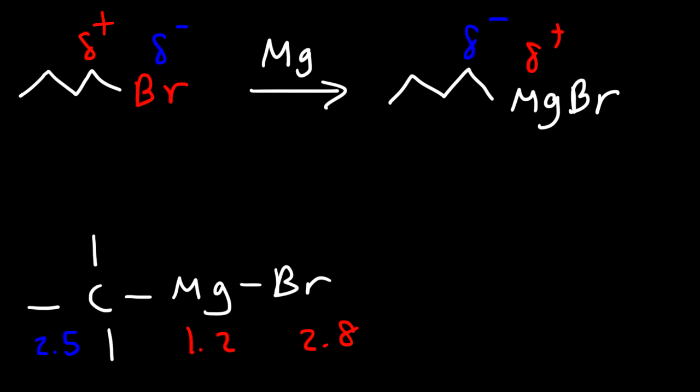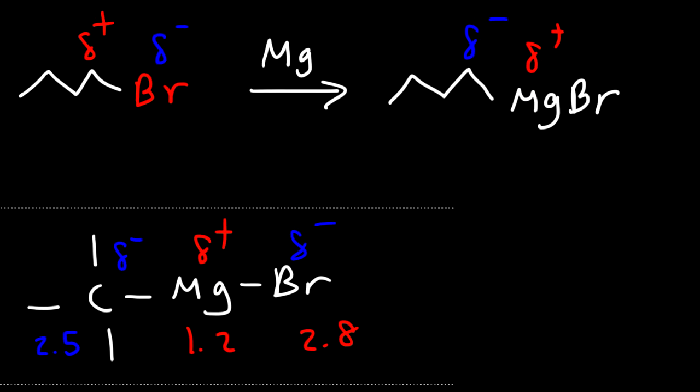So because carbon is more electronegative than magnesium, that's why it's partially negative, since it's attached to magnesium. And magnesium is the least electronegative element between these two, so it bears a partial positive charge. Now bromine is more electronegative than magnesium, so it has a partial negative charge. But the Grignard reagent has a nucleophilic carbon, and so that's why it does what it does in chemical reactions.